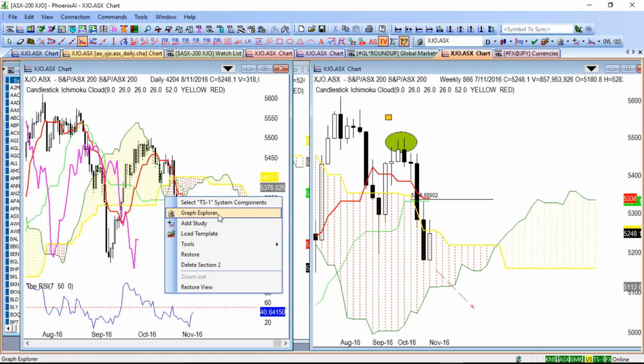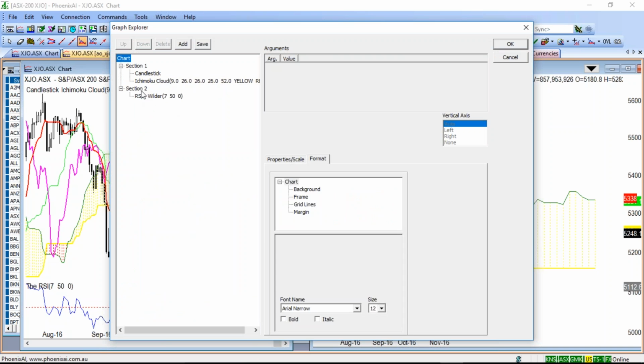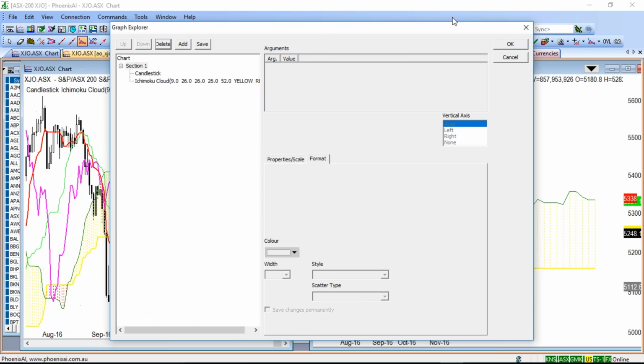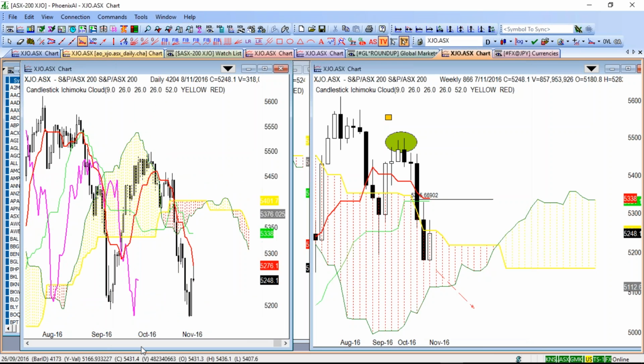So it came out of the cloud here, price fell through the cloud, Chikou span came out in fresh air, very, very bearish. We also saw the Tenkan Sen cross over the Kijun Sen inside the cloud here. I don't know if that's too clear.